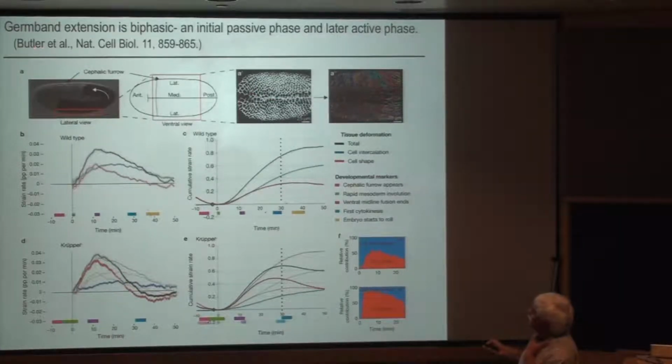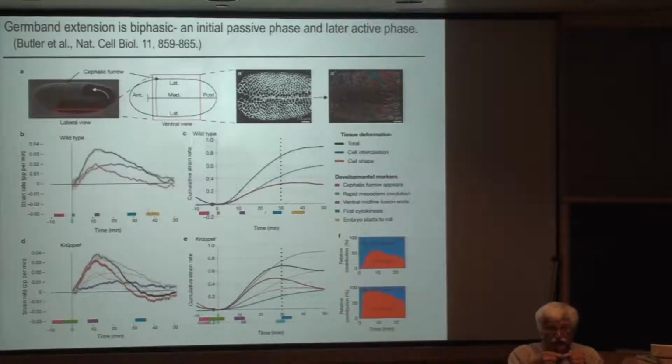Well, the bottom line on Lucy Butler's paper here is that they noticed that there was an early fast phase to this. And they perturbed some genes, AP patterning genes, that are essential for the cell intercalation. And they found that this early phase goes almost as well as it did with the cell intercalation. But the second phase doesn't. And so the bottom line is there's an early fast phase and a late slow phase.